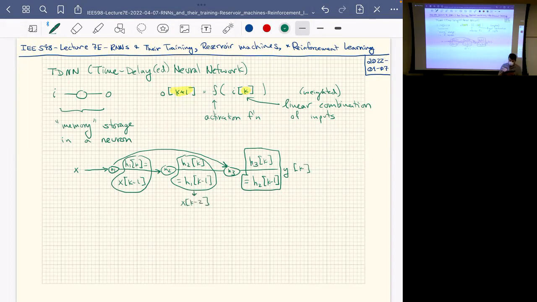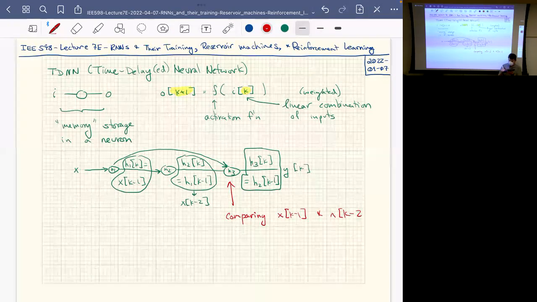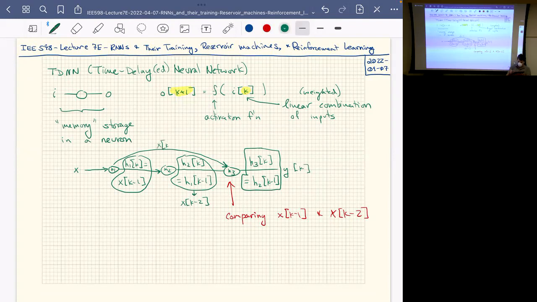So at H3, it allows for comparing x of k minus 1 and x of k minus 2, because this line here is also x of k minus 1, since it's just a copy of that output. That allows me to look for patterns in two time slots.